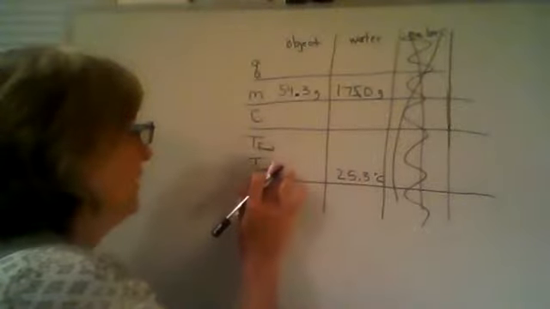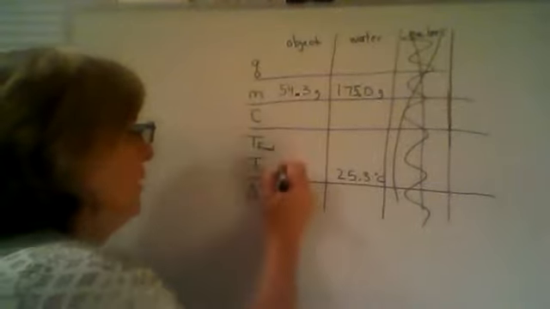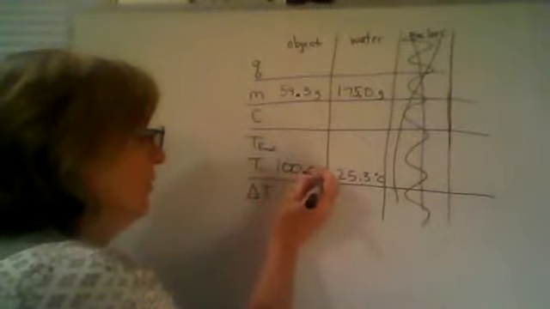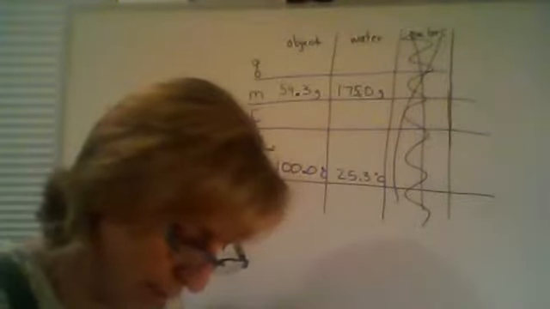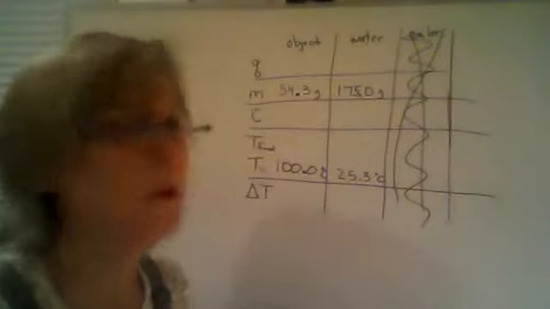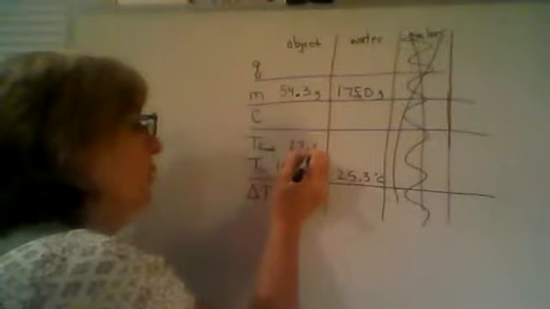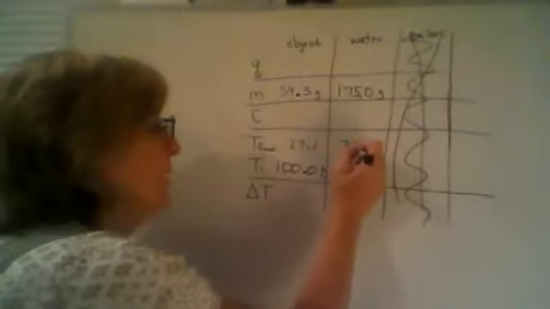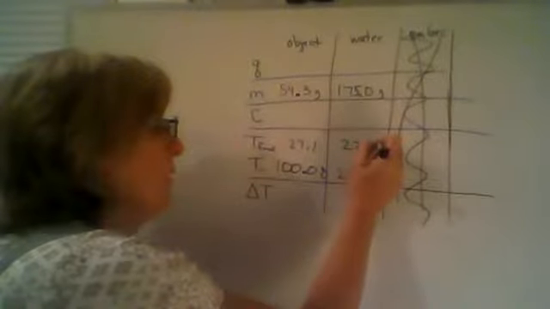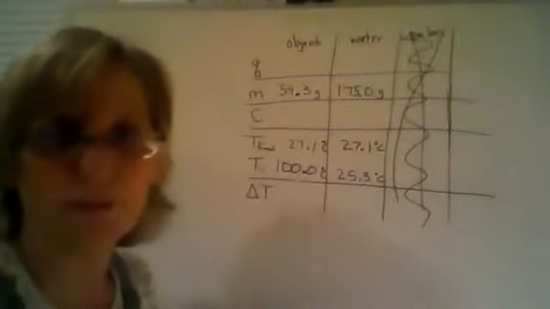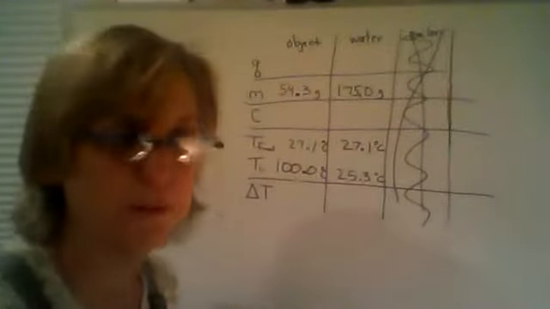Let me back this up. Give me some more space. 100.0. So it starts there. It is dropped into the calorimeter, and the final temperature is 27.1. And it's the same for both. Degrees Celsius. Trying to keep all of the units going.